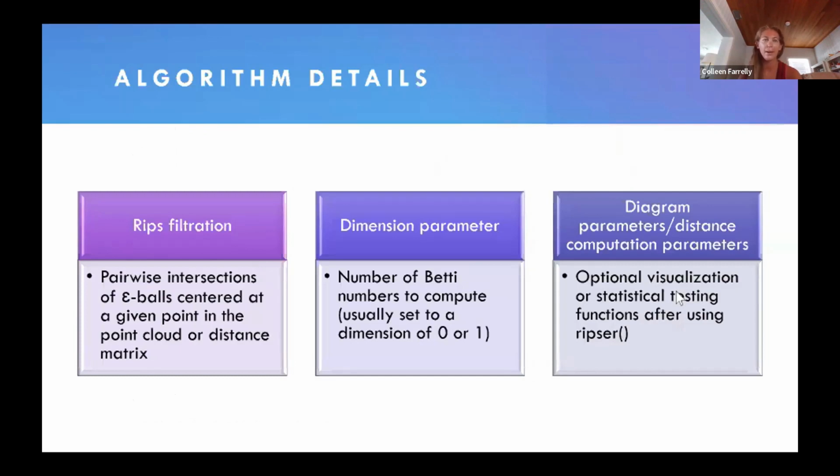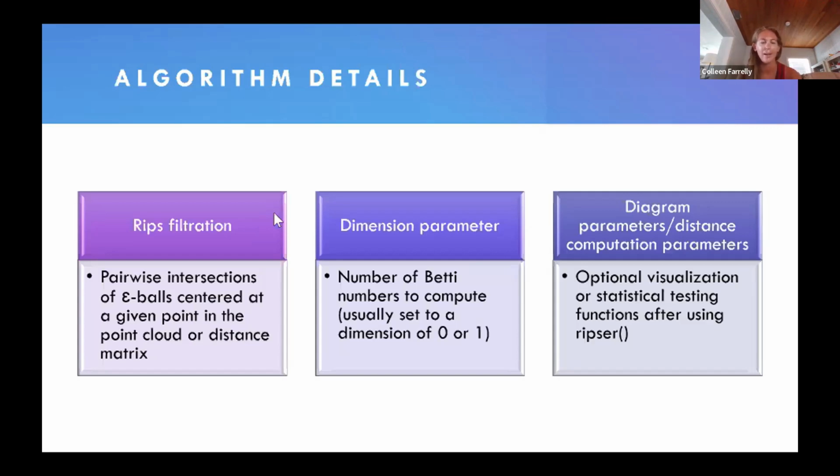And so putting all of this together, we end up with persistent homology. We can use our distance metrics to create something called the Rips filtration, where we have pairwise intersections of distance-based circles or spheres or whatever dimension we're working in, centered at a point that connects it to other points within this point cloud or distance matrix.